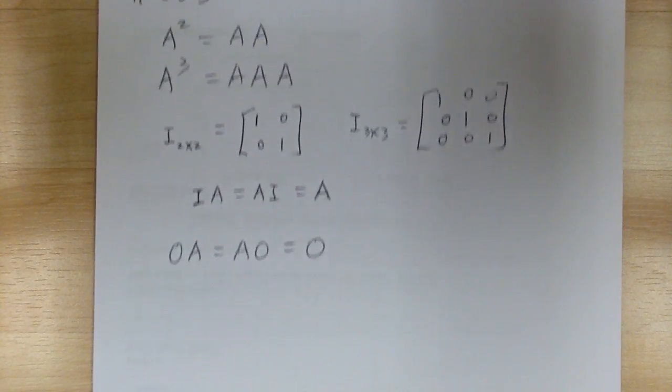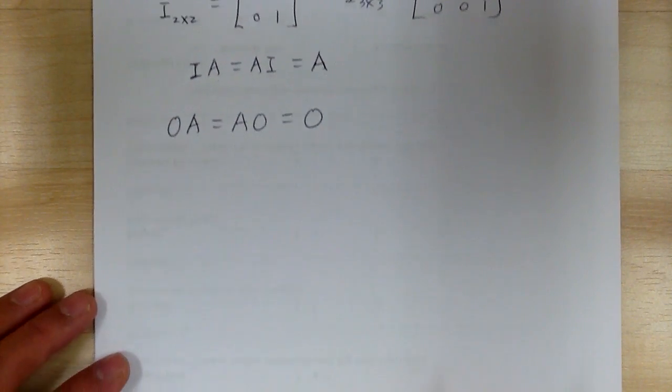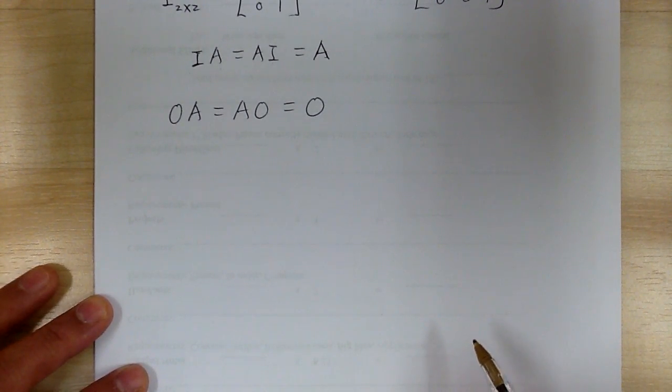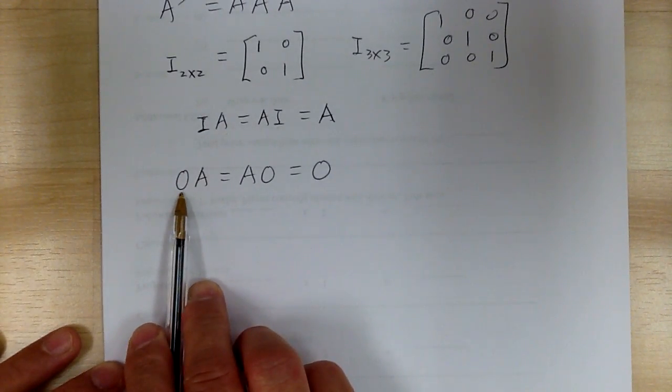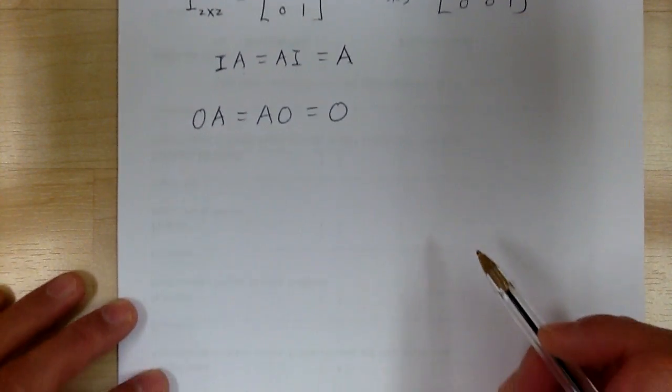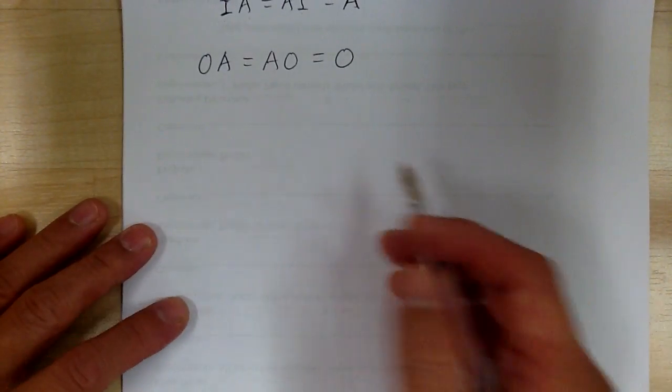Now, the thing you have to be very careful about with matrices is the order. The order is very important. There are only a few exceptions where you can switch without affecting the answer, like I and 0, or when you have an inverse. We're going to cover the inverse later on.